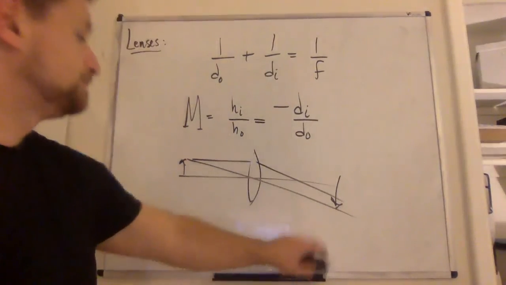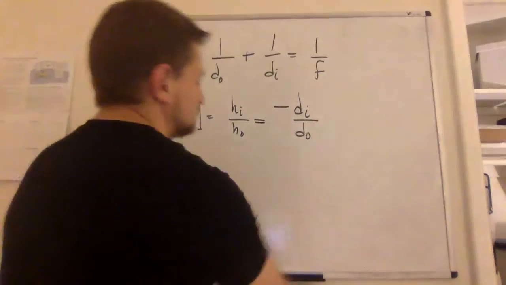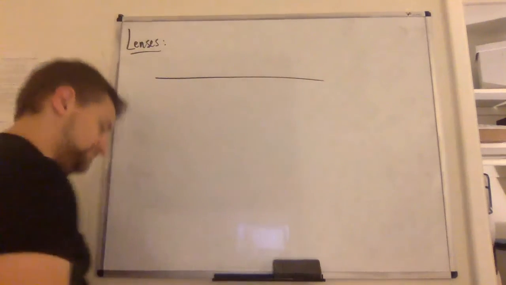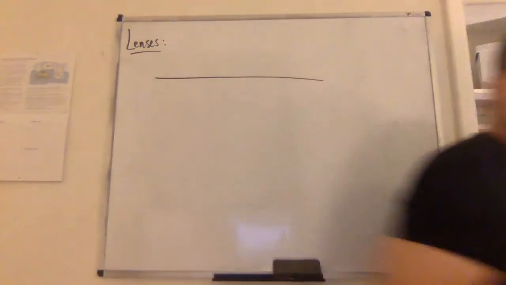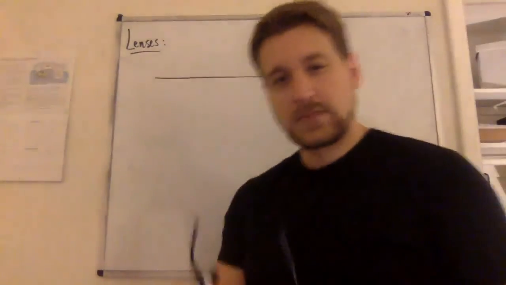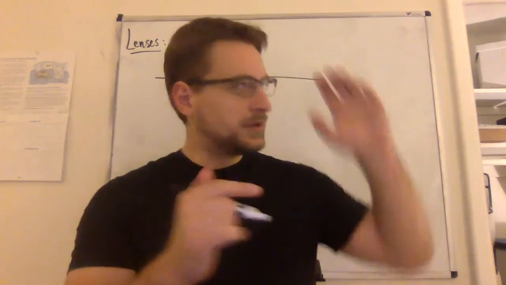Last piece of the puzzle. Suppose I have an application that needs a particular focal length, just hypothetically, so that the image for an object that is far away ends up at a very particular place on my retina.